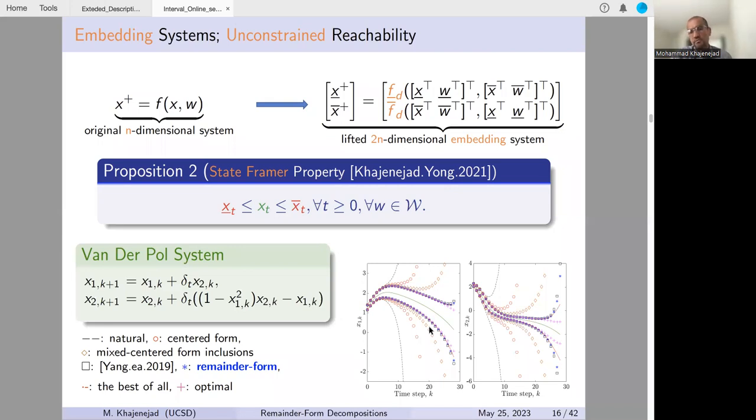And the optimal ones were the ones based on solving some optimization problems, which can be solved here for this simple system, but it's not doable for a lot of other complicated systems, which we'll see later. Okay, this was for unconstrained reachability or state estimation.